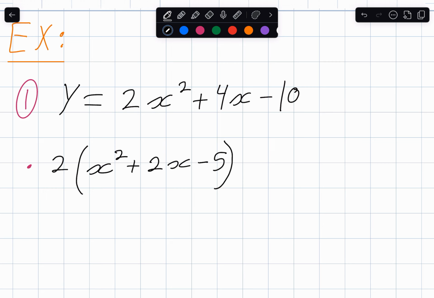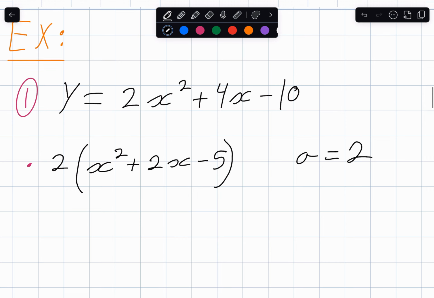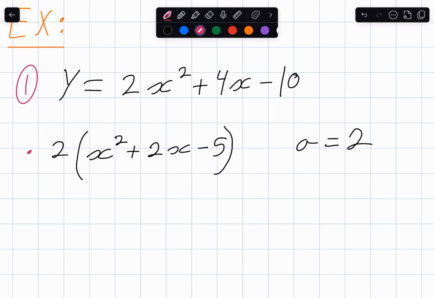And recall that this is going to give us our a, and our a here is going to be 2. Now, the next thing that we need to find is our h, and we can find h by dividing b over 2. Our b here, as you can see, is 2. So if we divide b over 2, which is 2 over 2, it gives us 1. So we found h to be 1.